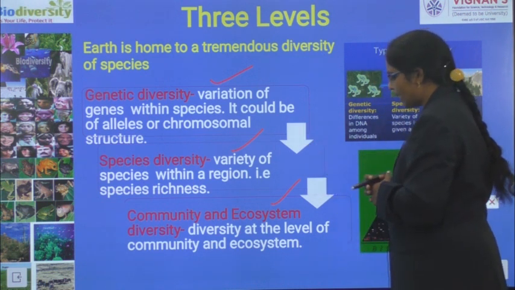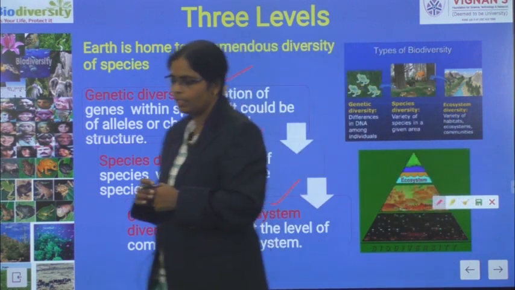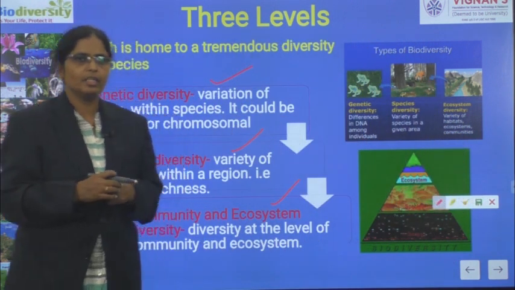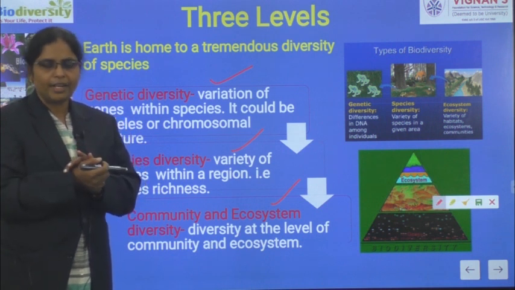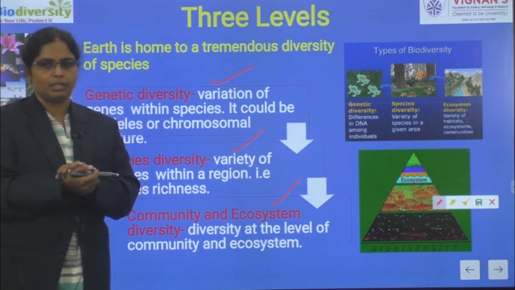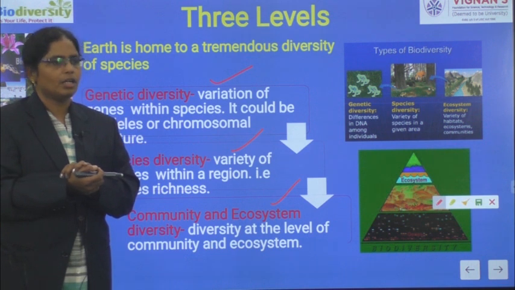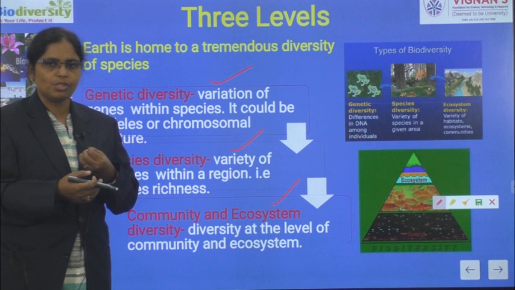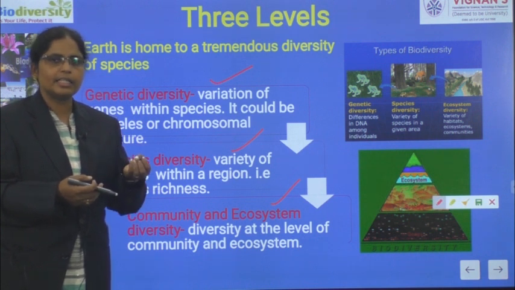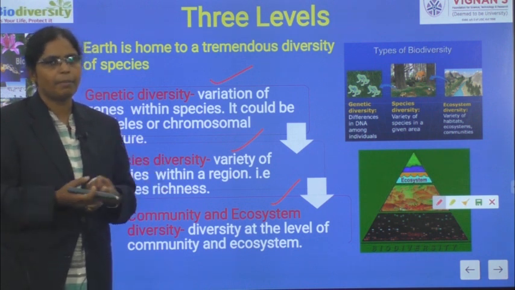Genetic diversity is nothing but the changes at the genetic level within a particular species. For example, if you take human beings, all are Homo sapiens, but the changes in genes result in changes in external appearance.